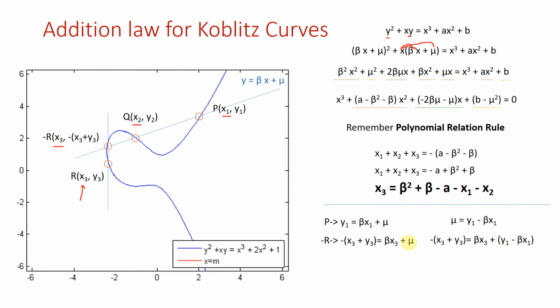Here, instead of mu, I will put this value, and the equation would become like that: minus x3 minus y3 is equal to beta times x3 plus y1 minus beta times x1.